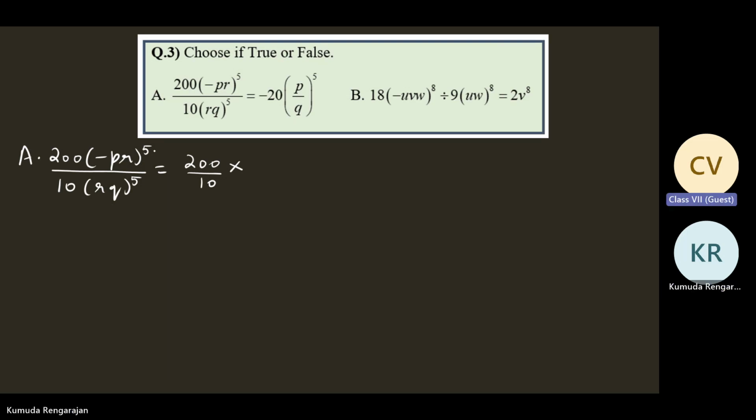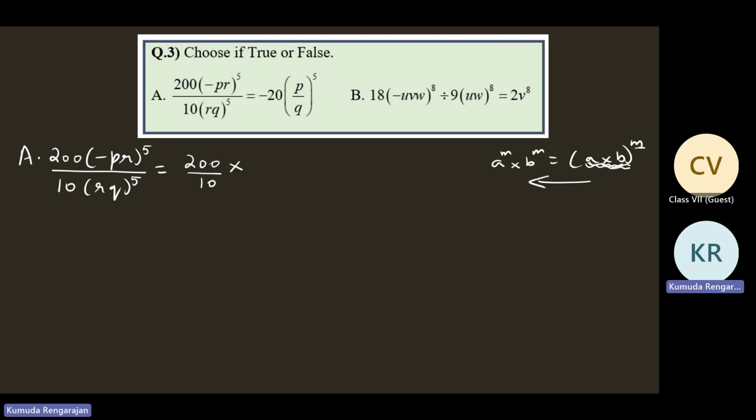Correct? Yes, ma'am. Now, this is multiplication and they are raised to the same power. See, look at this rule. What is the rule? When bases are different, A and B, and they are raised to the same power. You know this rule, right? Yes, ma'am. Now use the rule backwards.